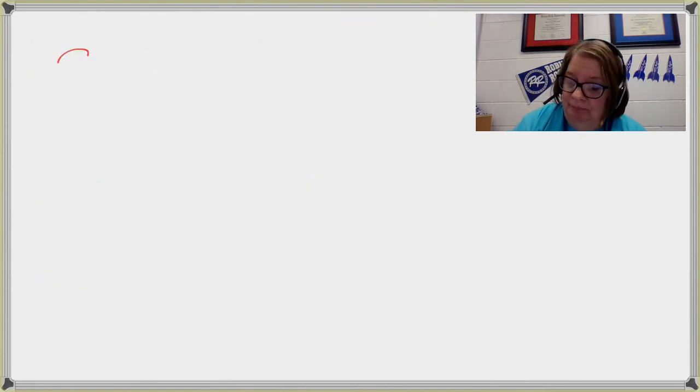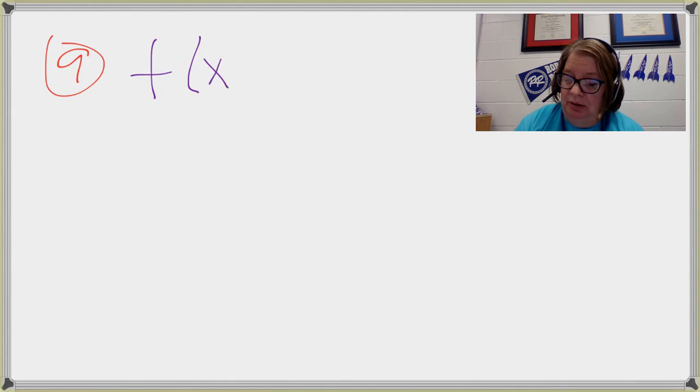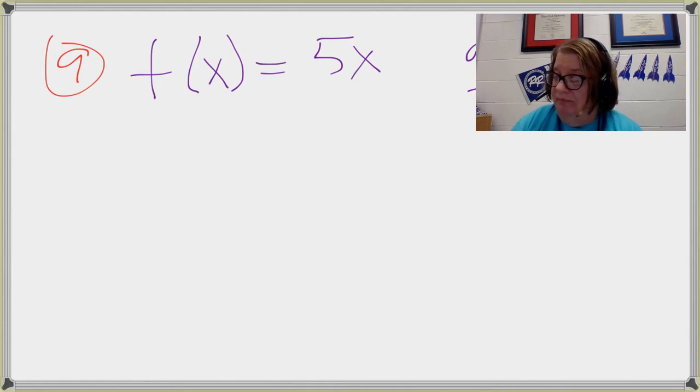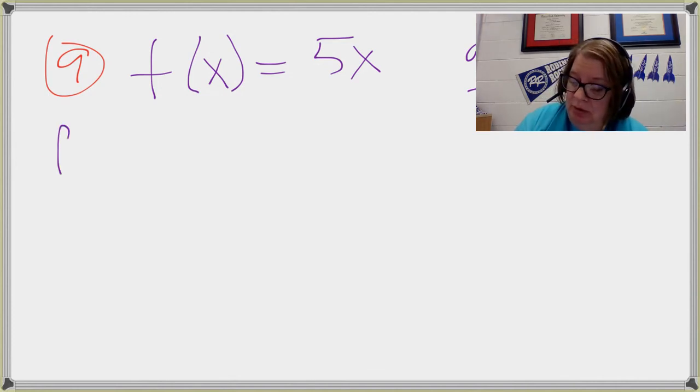Okay, number 9. Anytime you want, you can pause the video and try these, and then you can turn the video back on and check it. F of x equals 5x. G of x equals x divided by 5. Are f of x and g of x inverse functions? I don't know. Let's find out. Composition of functions, f of g of x.